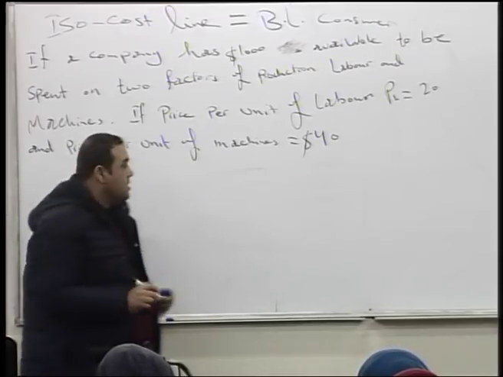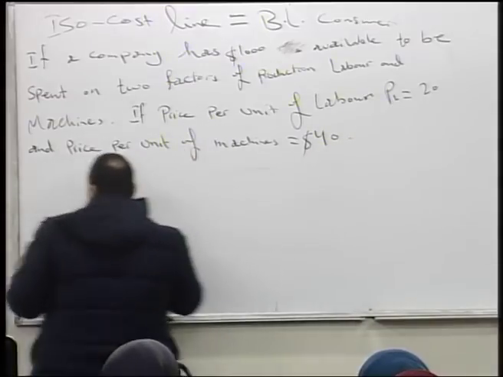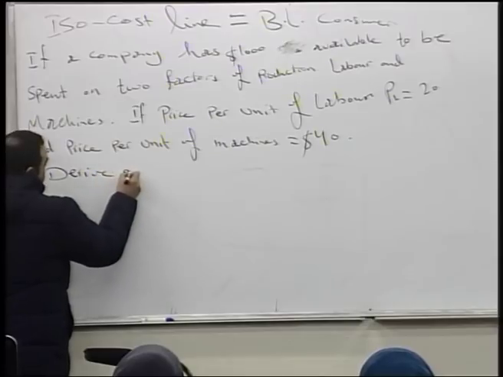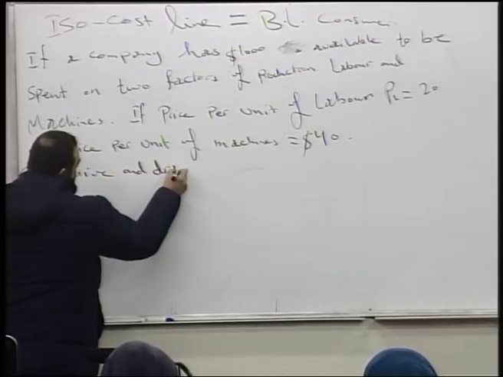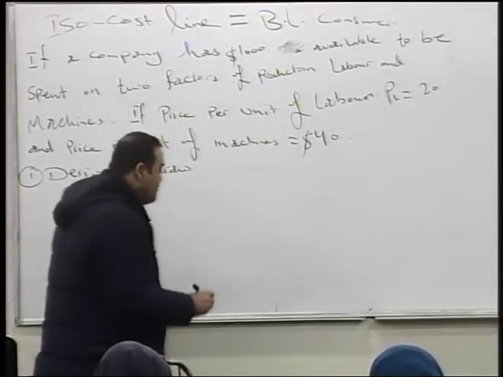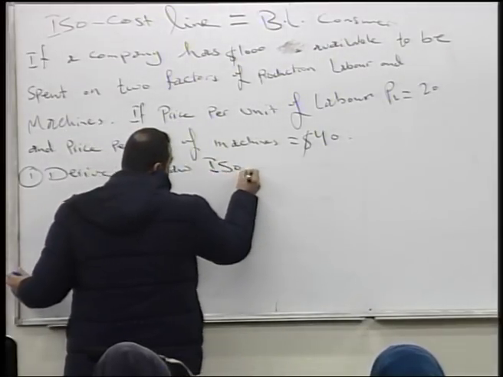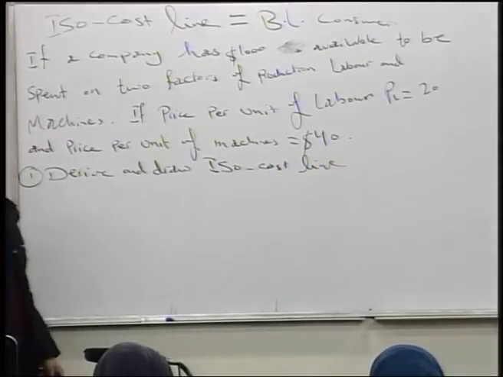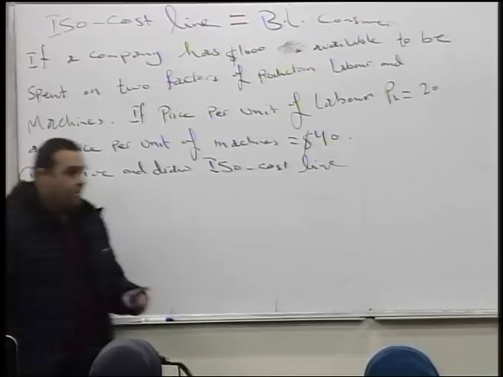Okay, so number one, derive and draw the budget line here, or the ISO cost line, and the ISO cost line formula.